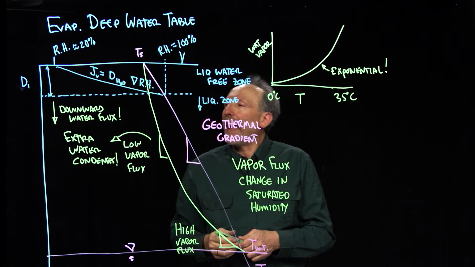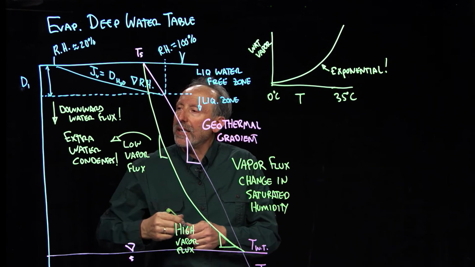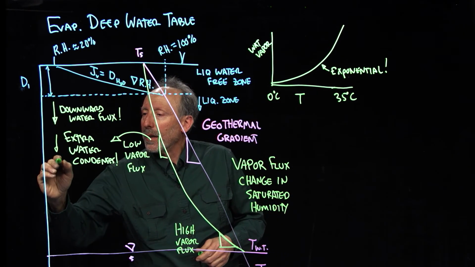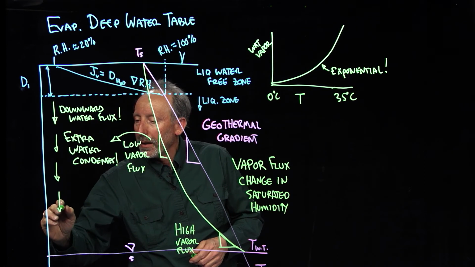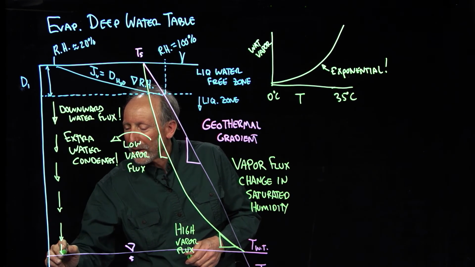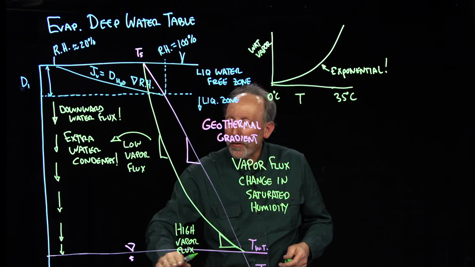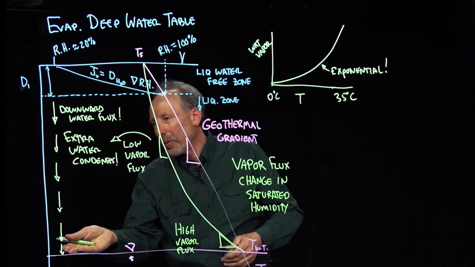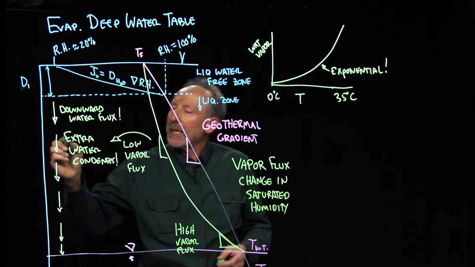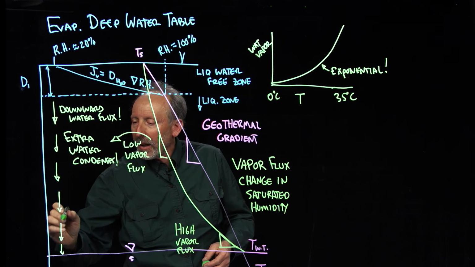So what we have then is a downward flux here that redelivers water to the water table. So water vapor goes up and comes down as liquid. So this then becomes a constant flux.